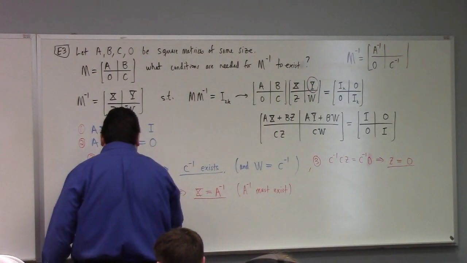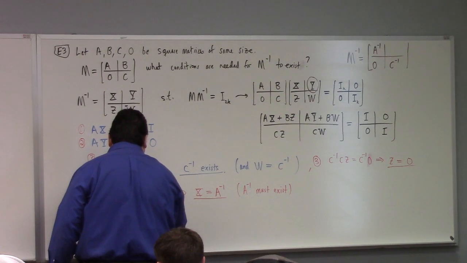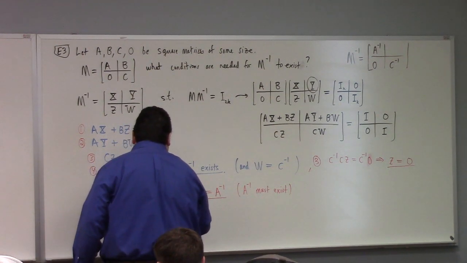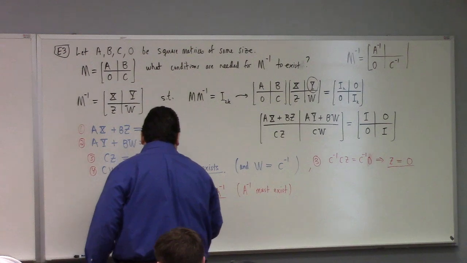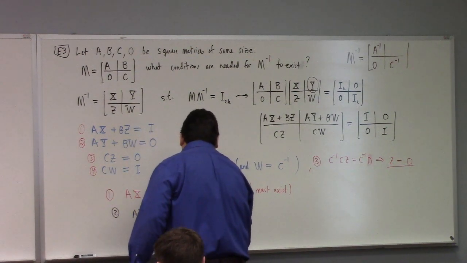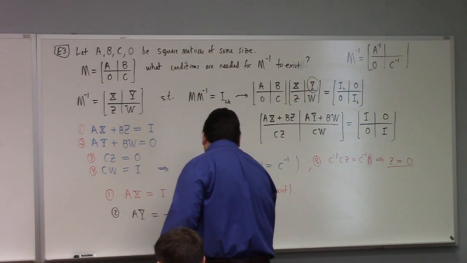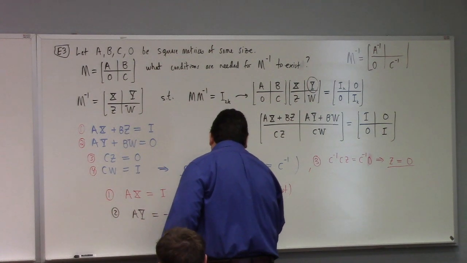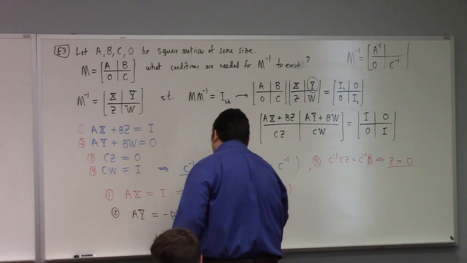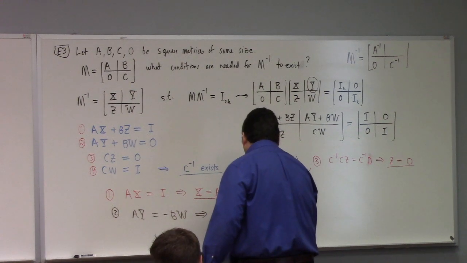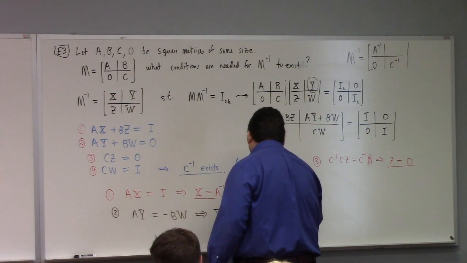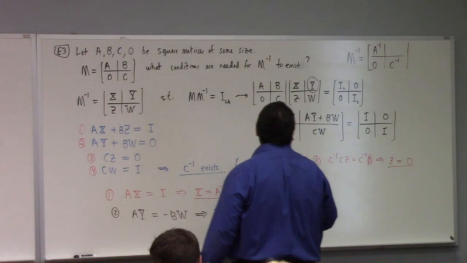So I have AY is equal to minus BW. But that tells me that Y is equal to minus A inverse times BW. But what was W? C inverse.